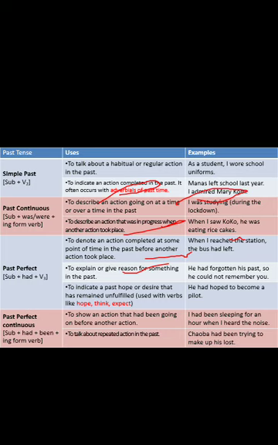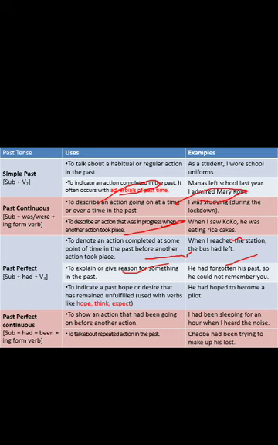To express why the action took place, we use past perfect. He had forgotten his past, so he could not remember you. Right now, a person cannot remember me because he had already forgotten his past.